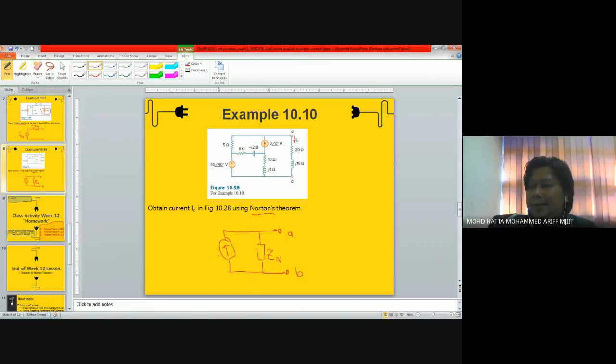Maybe this is IN. So at the end, we try to come up with this kind of circuit, because the question says we need to solve current IO using Norton theorem. And we proceed with the solution.